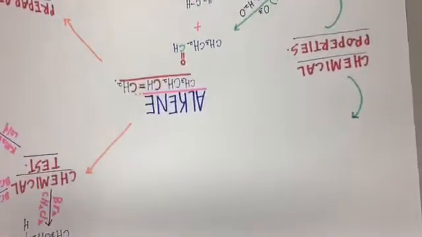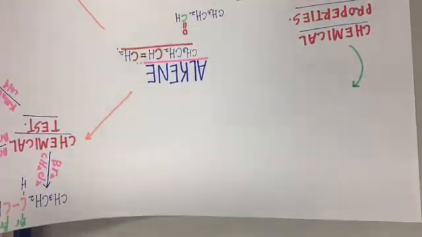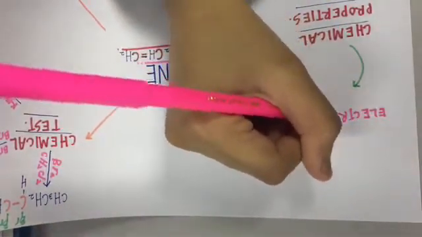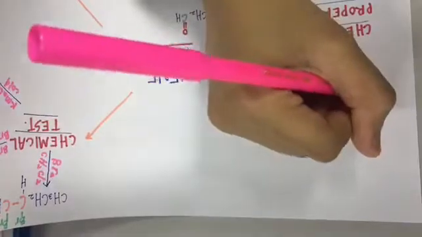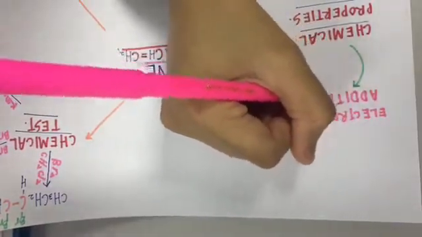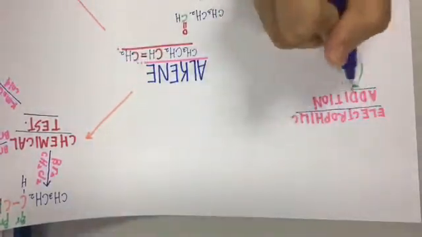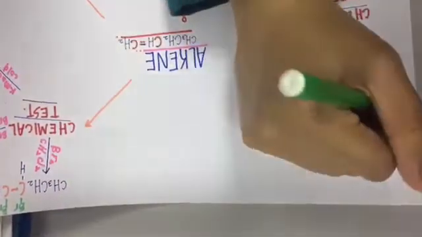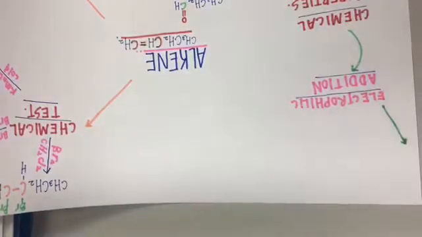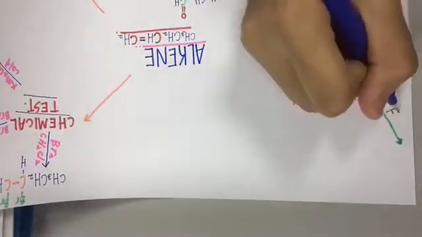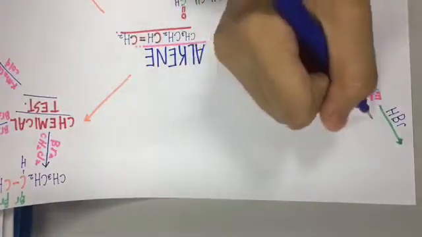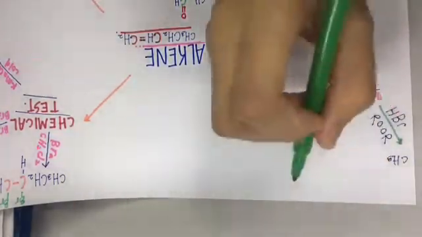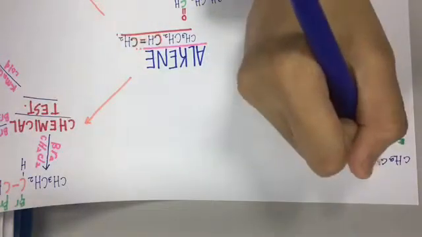So we will continue with electrophilic addition. In electrophilic addition, there are six reactions that we must know. For the first reaction, alkene will react with HBr and ROOR, and it will produce, as you can see in the mind map.